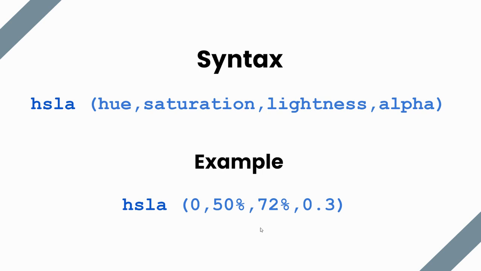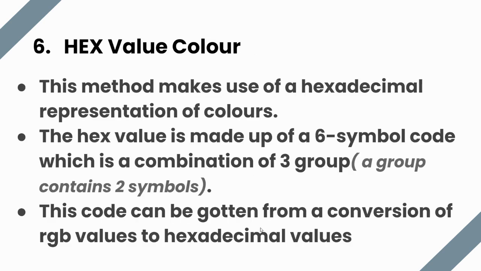So I think 0.3 here is quite a transparent color. Probably not as transparent as 0.1 or 0.2, but 0.3 is transparent enough. It's going to be a see-through color that you would see properly. So we'll be seeing this later on.